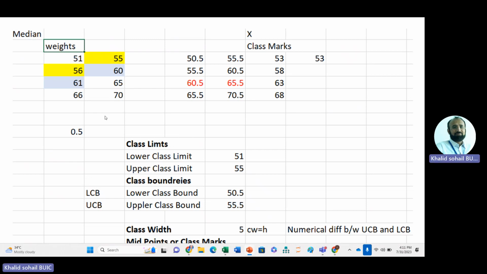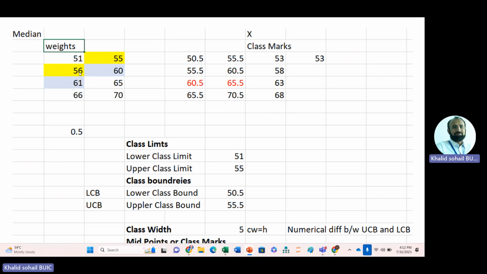Now the requirement for median is that we should convert these class limits into class bounds. So how can we calculate? We can calculate by taking the difference of the lower class limit of the second class and the upper class limit of the first class, like 55 and 56.